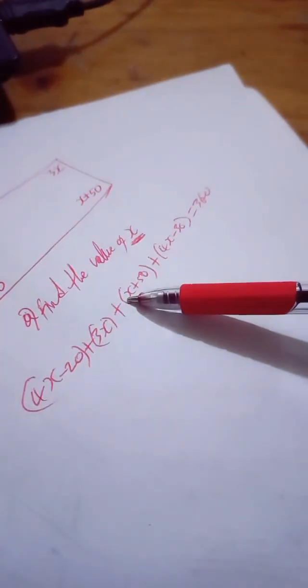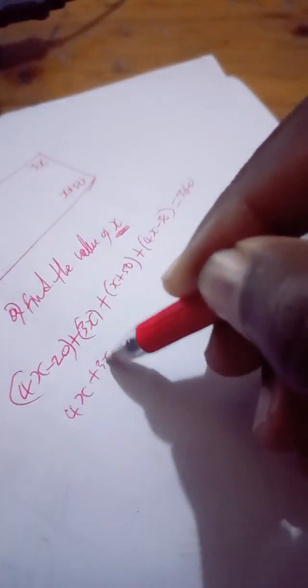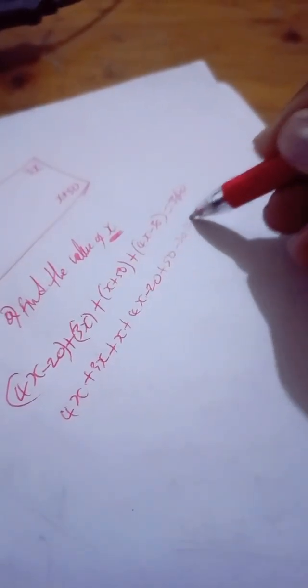Next, 4x, 3x, x. Add terms which are the same. 4x plus 3x plus x plus 4x, plus minus 20 plus 50 minus 30 is equal to 360.